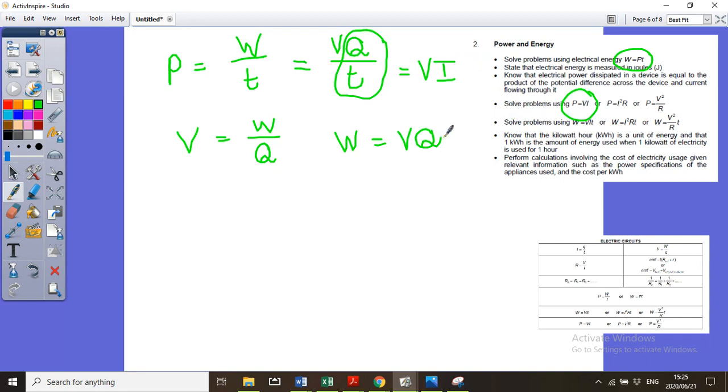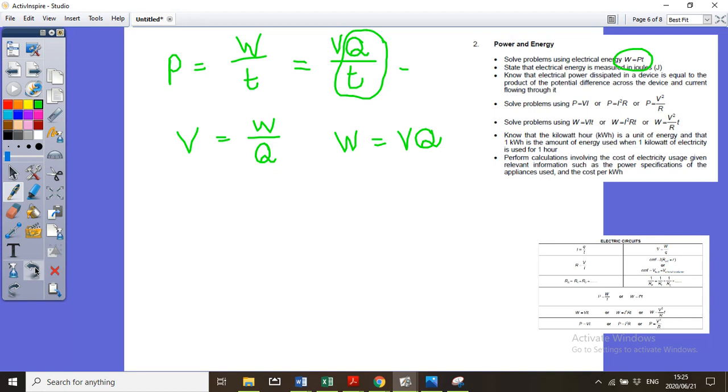You are not asked to derive this, and then we can also use Ohm's law, and we can write the power equation in that form. So you get all these equations on your information sheet, and you just need to know how to use these equations.